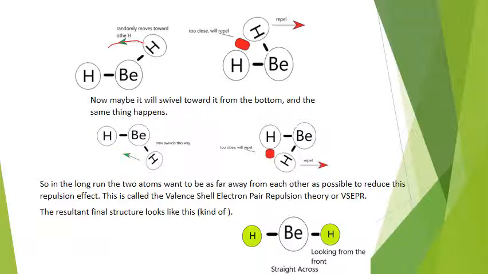This hydrogen might get here, and then it'll swing back, so you get this bouncing back and forth. Eventually the hydrogens want to be as far away from each other and the beryllium as they can, and they end up 180 degrees apart from each other.